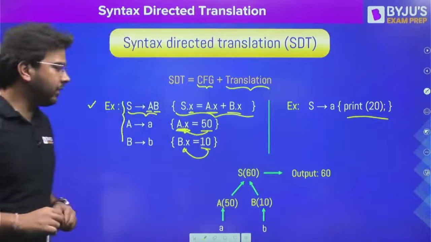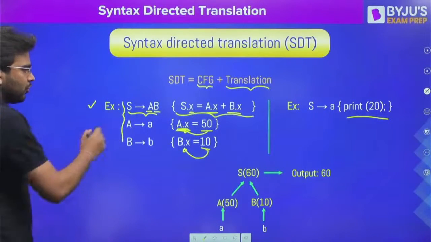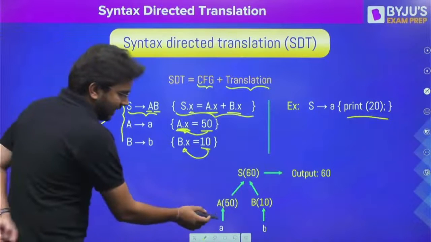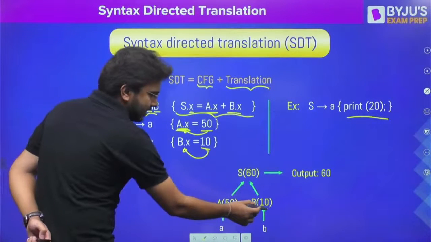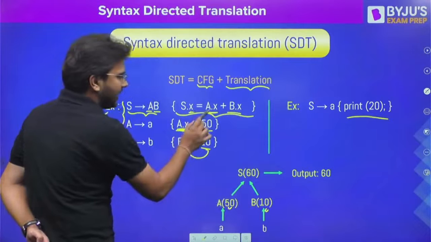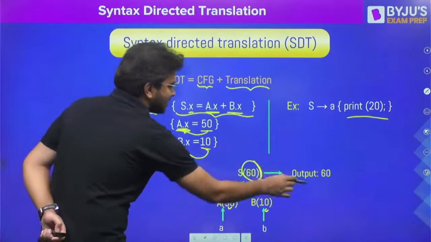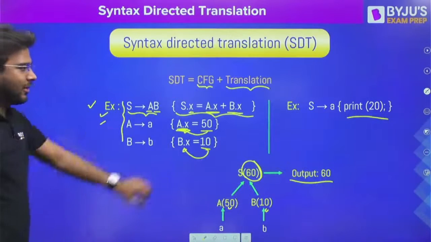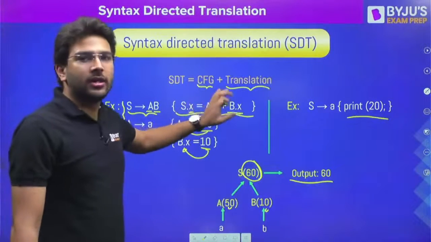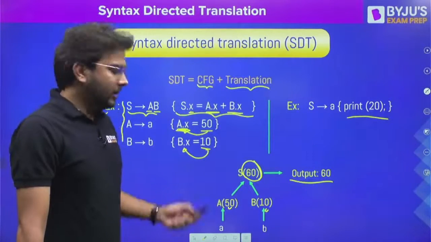Is it clear, everyone? Using this example, you can see here A is taking the value 50, B is taking the value 10, and we are adding the values of A and B, which finally generates 60 as the output. So in these translations, you can write anything. Clear?